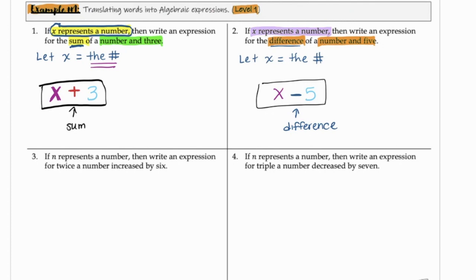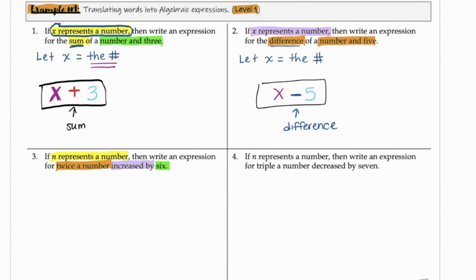Let's try another one. Here we have, if n represents a number, then write an expression for twice a number increased by 6. Okay, so I color coded this one a little bit more because this one's a little more involved. So I read it again. If n represents a number, then write an expression for twice a number increased by 6.